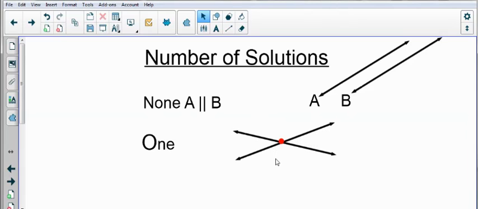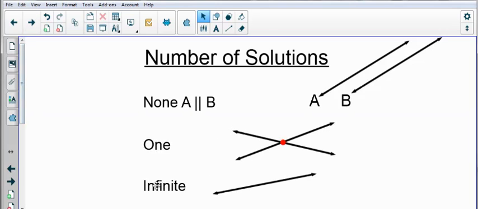They can't cross twice or three times or four times. But then there is the third possibility, which is that there's an infinite number of solutions, not 2, 3, 4, 5, 6, but an infinite number. And that would only be if they were the same line. If they're the same line, they both have all the same points, then they share an infinite number of points. So three possibilities: none, one, or infinite.